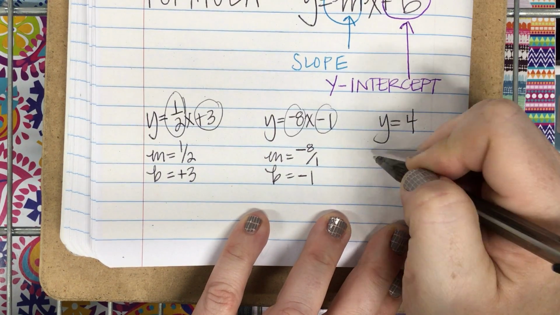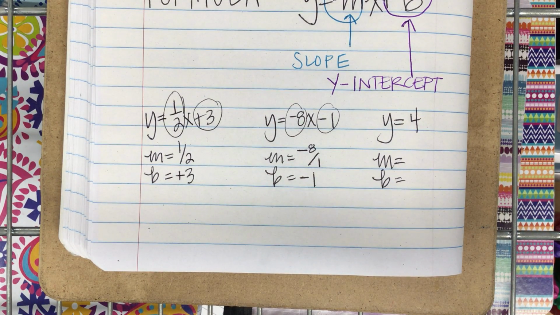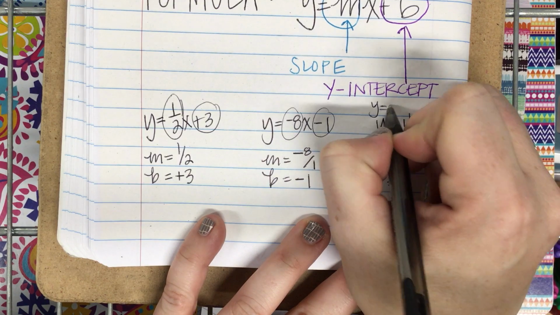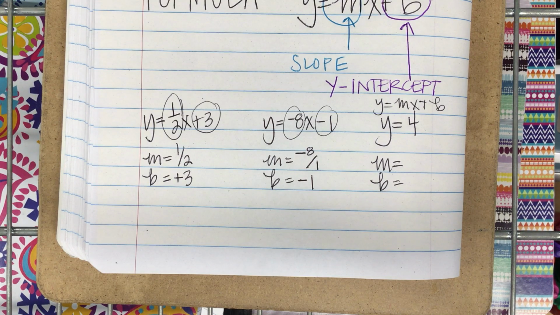Try this one. Y equals 4. Again, remember, I'm looking for y equals mx plus b. What's different about this problem than the other two we've done? Joseph?